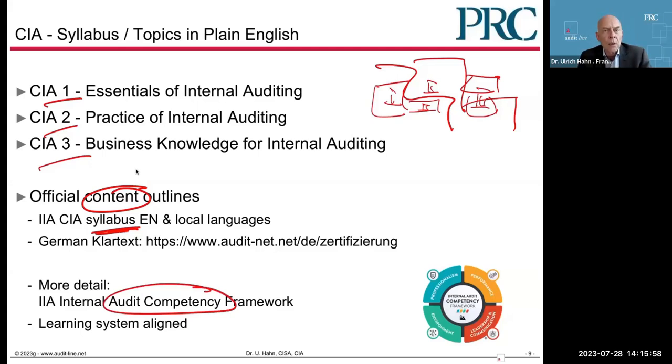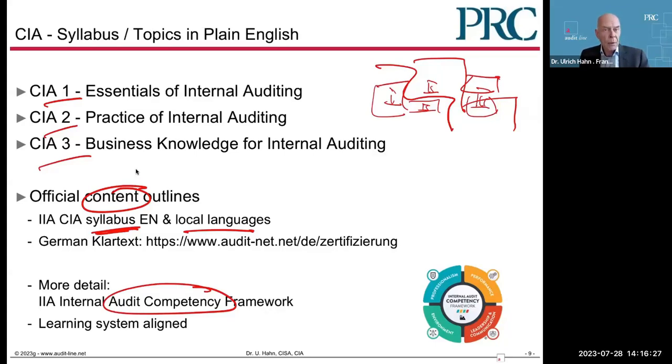So we will look into that on the next slide. The syllabus is a good checklist for you, whether you have prepared enough, whether you know a little bit at least about all of the topics. There are also many local translations, so you may want to look into this if you want to access the material a little bit easier.